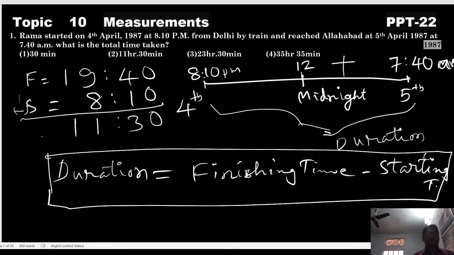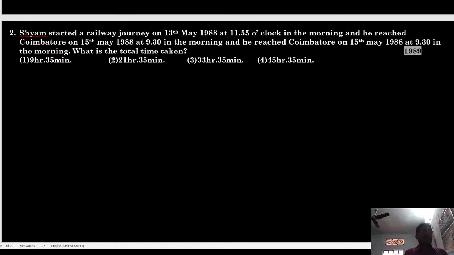So this is the total time, or duration of the activity: 11 hours 30 minutes, where these are hours and these are minutes. Option 2 is correct.